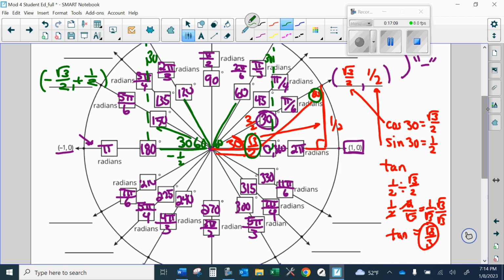Okay? I come down here to quadrant 3, and I know they're both negative for the x and the y coordinates. This reference angle is 30 degrees at 210, right? So the y coordinate is the 30-degree side, so that's 1/2, which makes the other root 3 over 2.